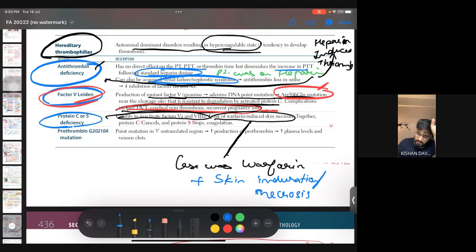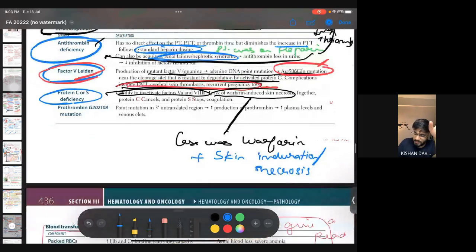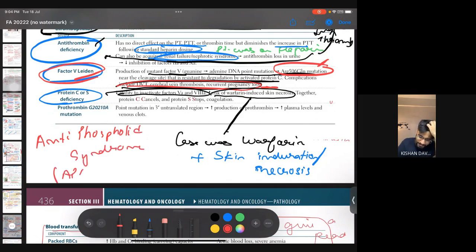Okay, that's it. Now one syndrome here that we'll be studying in gynae is antiphospholipid syndrome, that is APLA syndrome. I am just writing down the case presentation for you so that you can revise it.